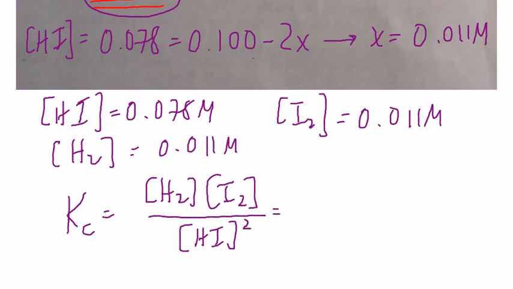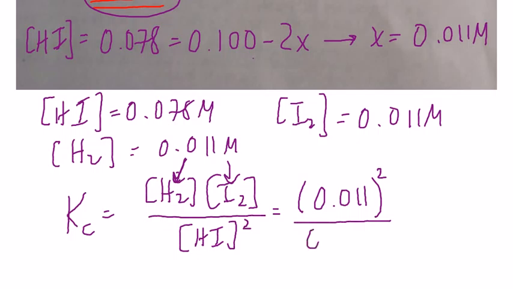So therefore, K's value is 0.011, because the H2 and the I2 concentrations are both 0.011. It's 0.011 squared divided by 0.078, and that also is squared. That leaves us with a Kc of 0.020.